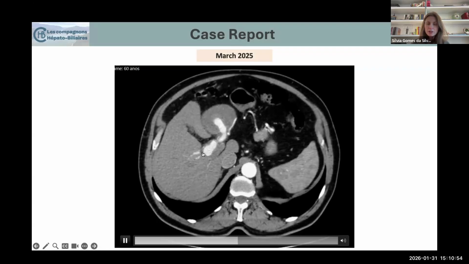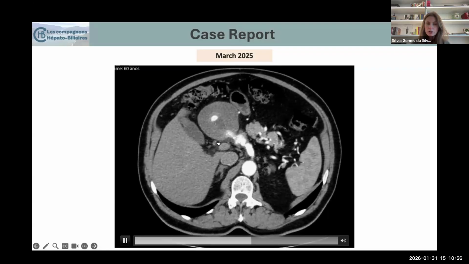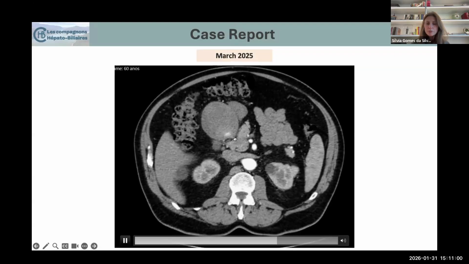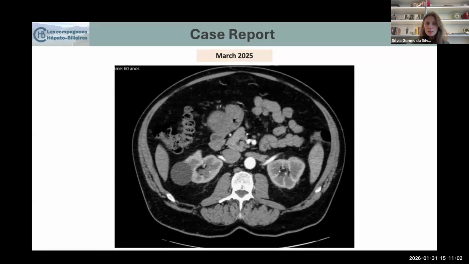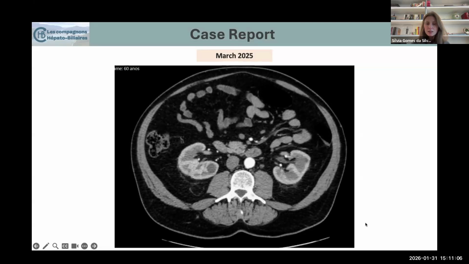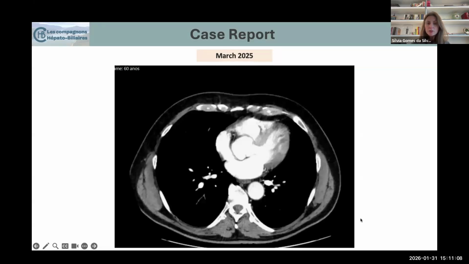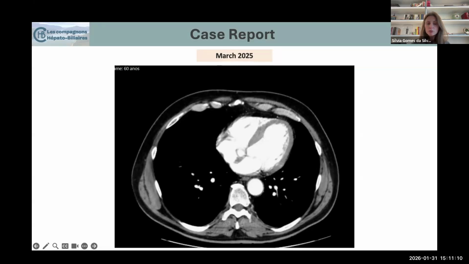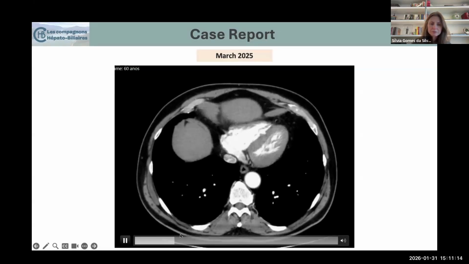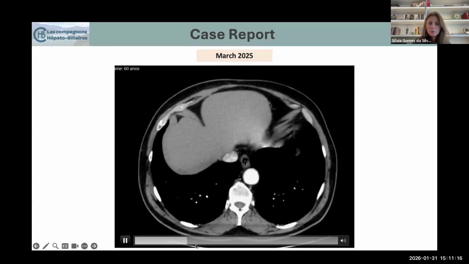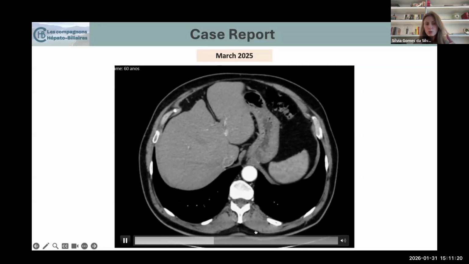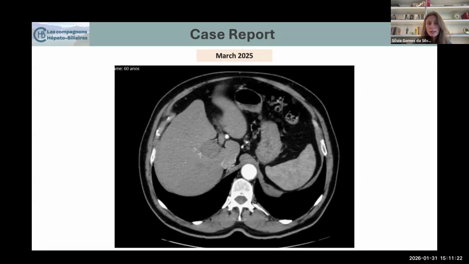Here starts the aneurysm, intrahepatic, and goes to the celiac trunk. A very big aneurysm of the hepatic artery and goes to the right hepatic artery.